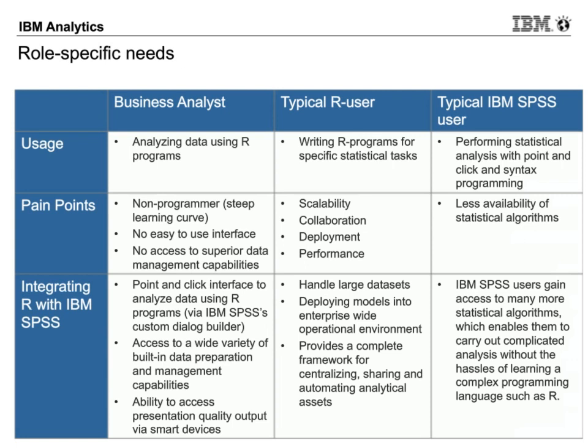The R user might be writing R programs to do specific statistical or graphical tasks, or they might be creating R programs that are going to be used by that business analyst or other R users. The typical SPSS Statistics user would be doing point-and-click analysis using the GUI or possibly using syntax programs to produce production jobs.